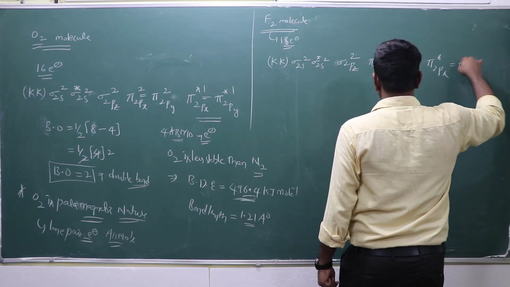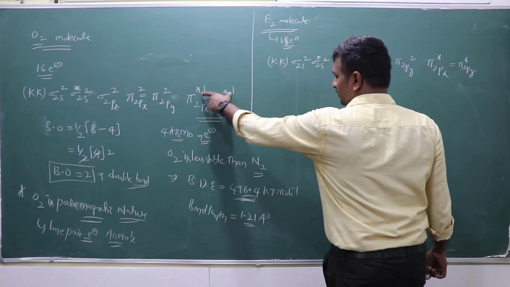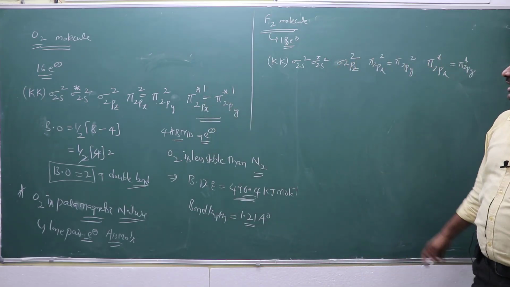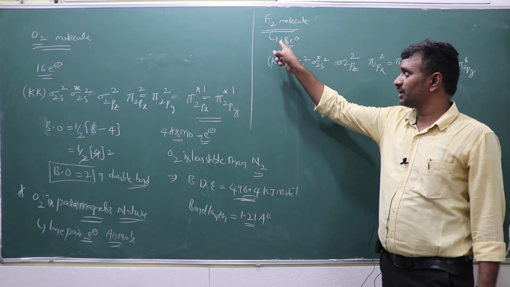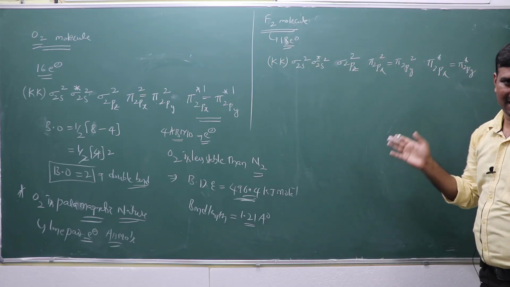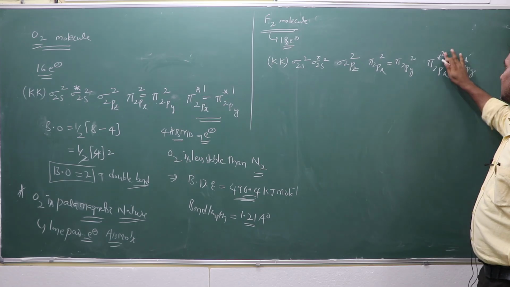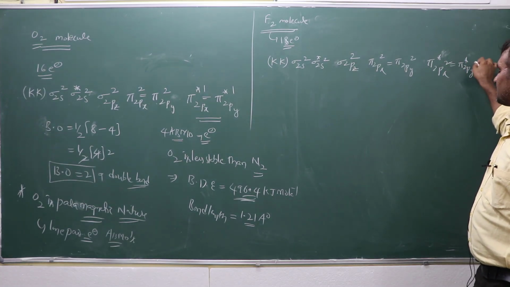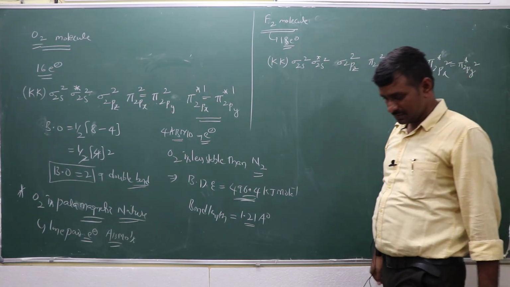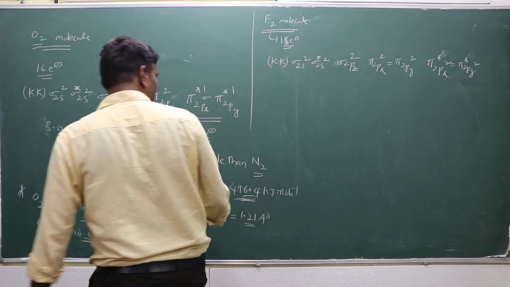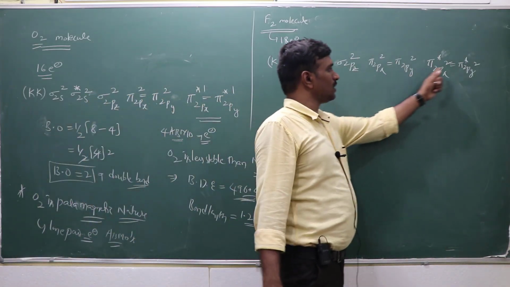Compared to the O2 molecule, 2 electrons are added, so they are filled here, 2 electrons here and 2 electrons here. So there is no unpaired electron.